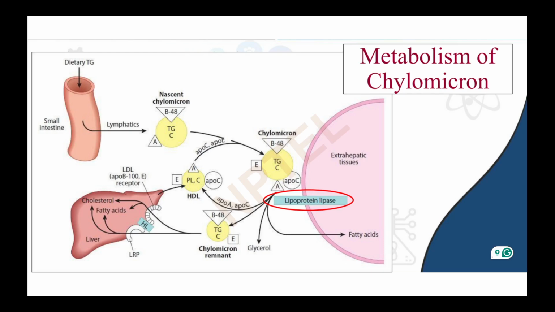Along with that, it also has ApoA protein associated. This is the nascent form of chylomicron. Then when it matures, this is the mature form of chylomicron.